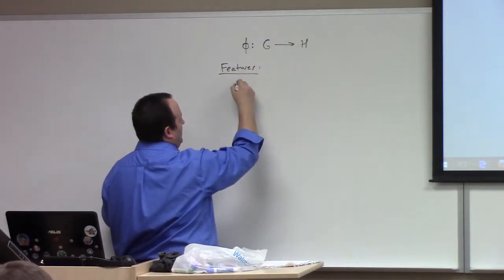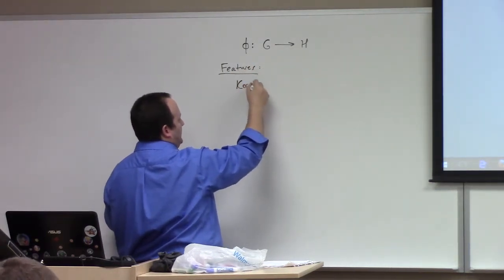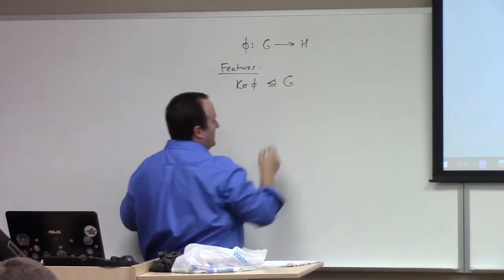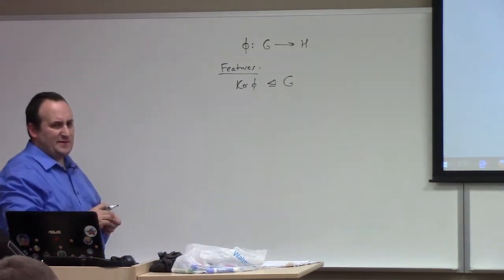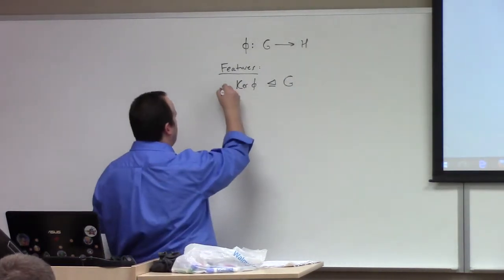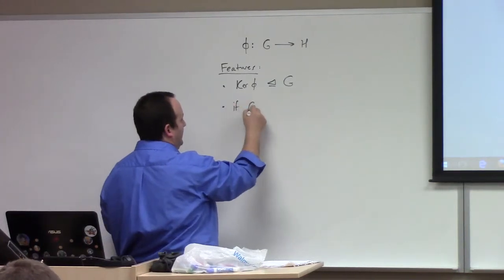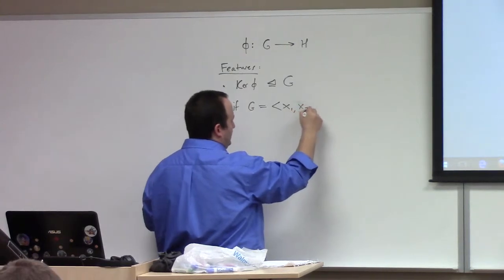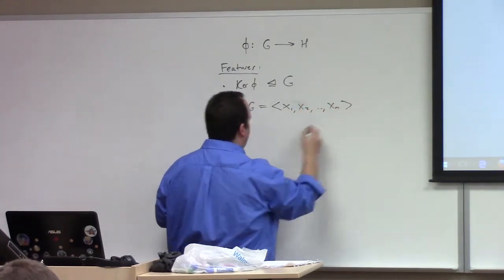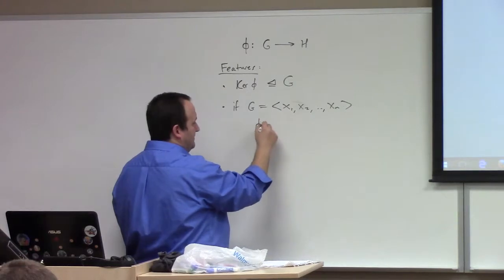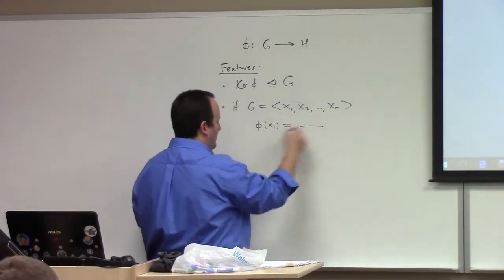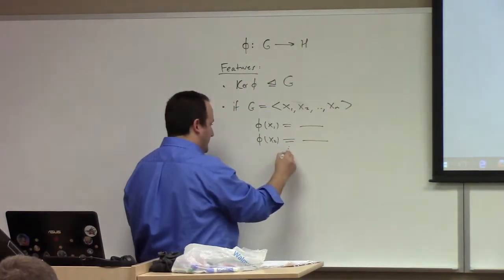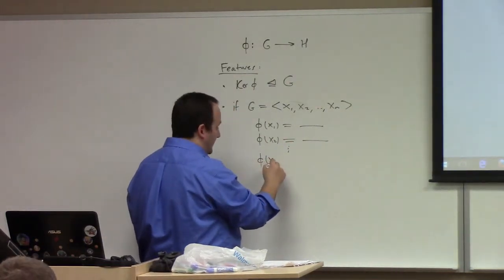First of all, this is kind of a second order feature, but the kernel has to be a normal subgroup, right? That's sometimes limiting, but not so much in my experience. I think the biggest thing is, if G is generated by, say, x1, x2, ..., xn, then what you do to those completely fixes the homomorphism.